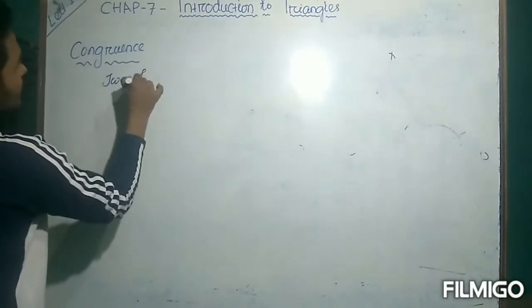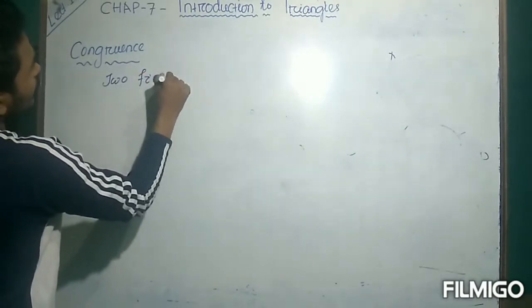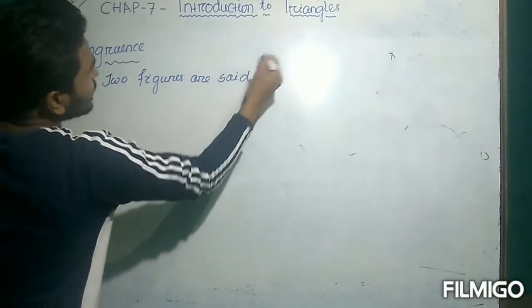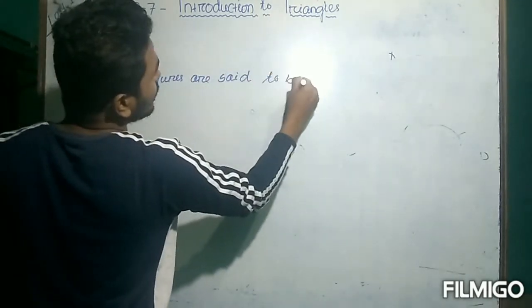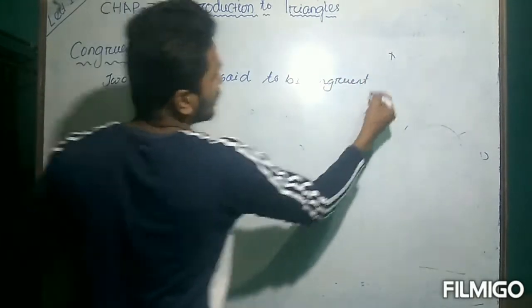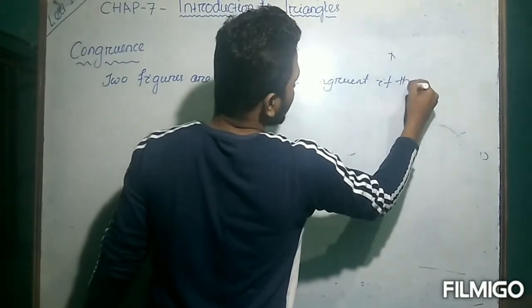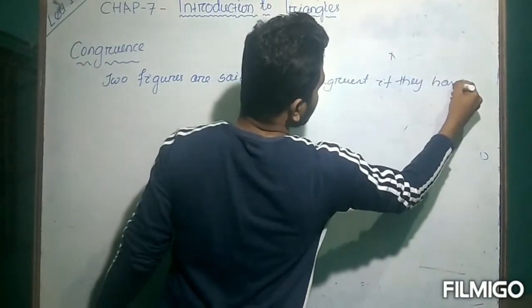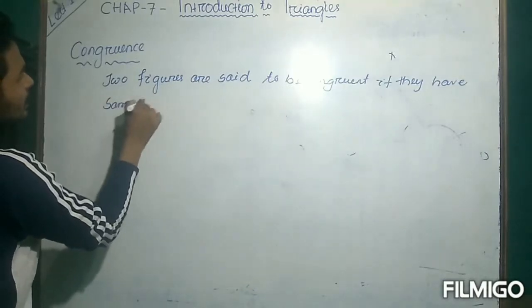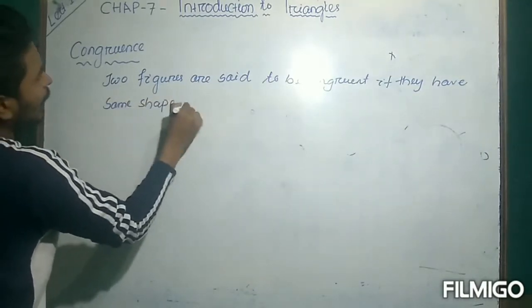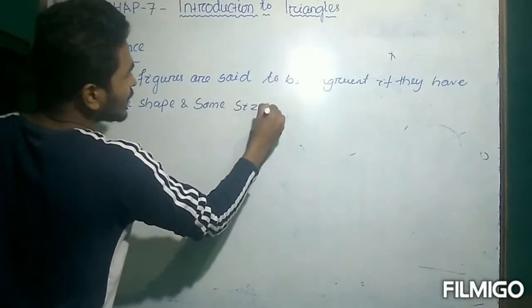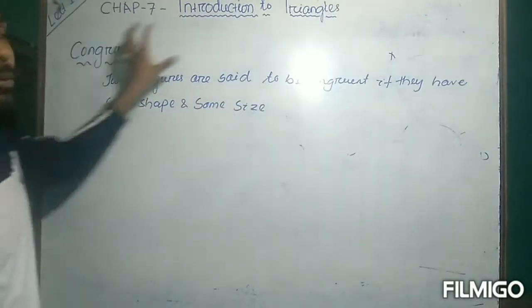Two figures are said to be congruent if they have same shape and same size. Okay, this is the literal definition of congruence.